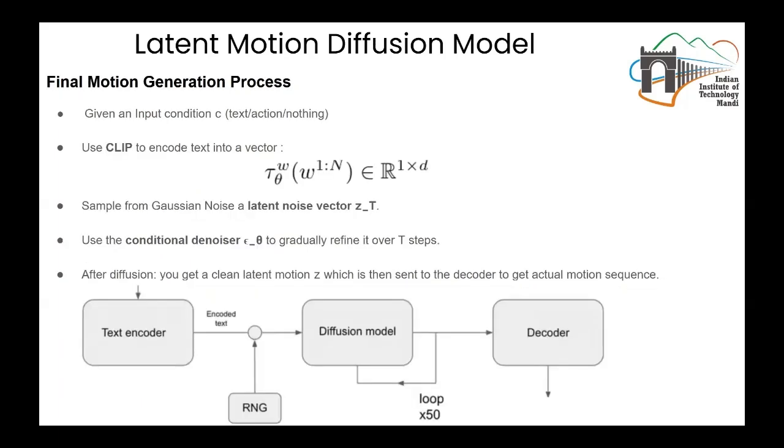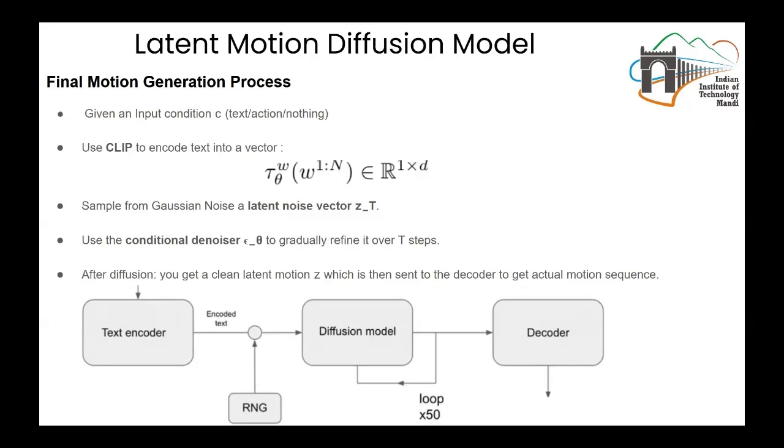And now finally, the full motion generation process is as follows. We give an input condition C, which is a text or action or any other thing, and we use the CLIP architecture on this C to convert it into a vector.